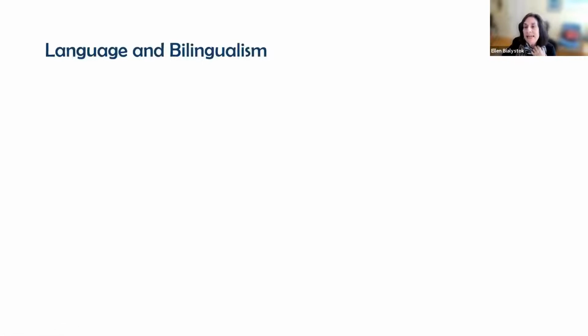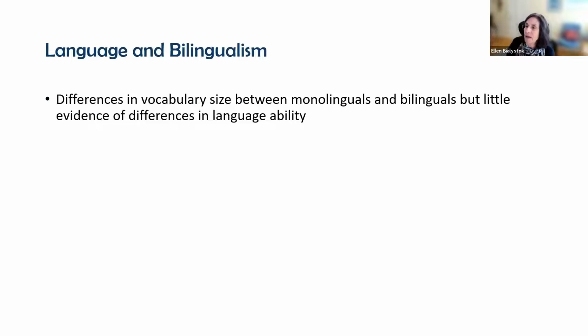So what can we say then about language and bilingualism? There are, in fact, differences between monolinguals and bilinguals in vocabulary size, but there isn't compelling evidence that these vocabulary differences add up to differences in proficiency in language use.